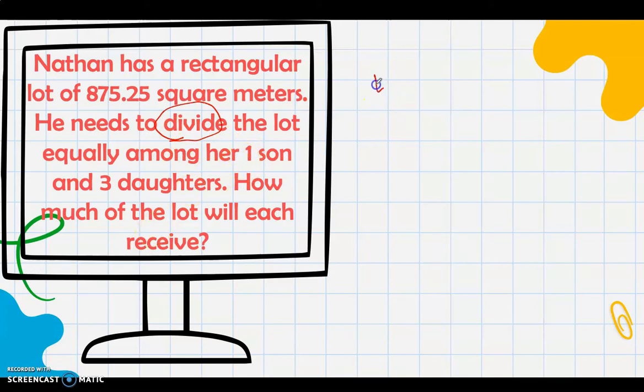So for our equation, we have 875.25 divided by 4 is equal to n.